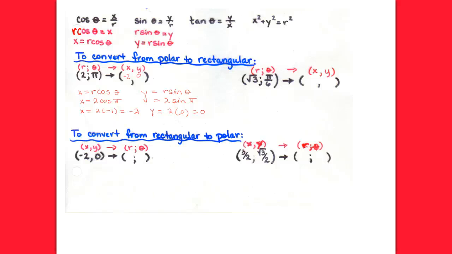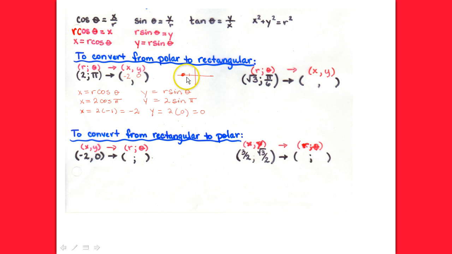Now, we've said that these are two different ways to do the same thing. Two different ways to plot the same point. Let me show you what I'm talking about. Let's say that we wanted to plot the polar coordinate (2, pi). I would start at the polar axis, and I would go around to pi, and then I would go out a length of 2 on my radius, right?